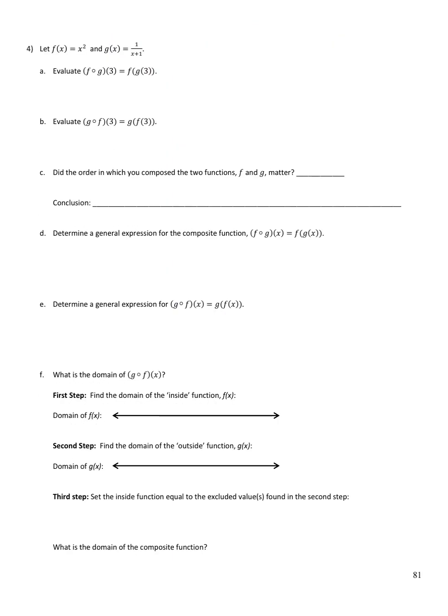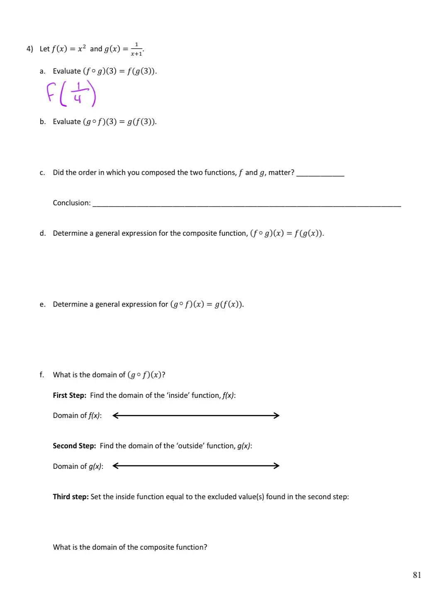So I have f of x is x squared, and g of x is 1 over x plus 1, and I want to evaluate f composed with g of 3, which means f of g of 3. So you work on the innermost parentheses first. I take this 3 and plug it into the g formula. So g of 3 would be 1/4.